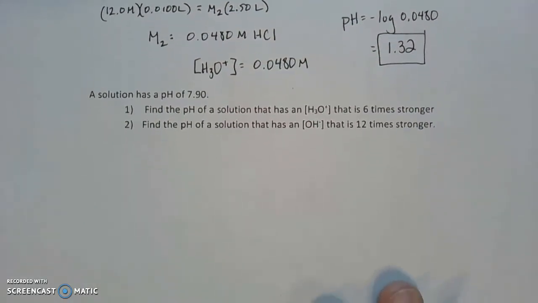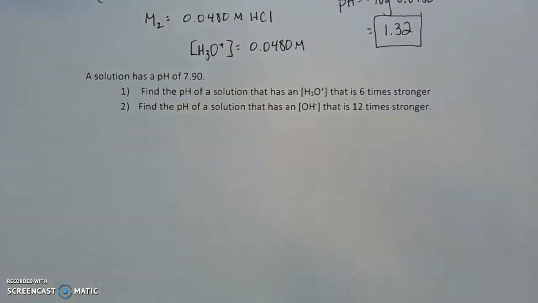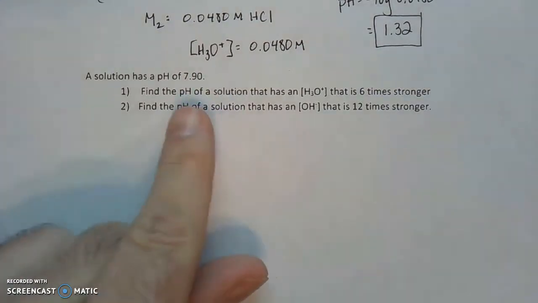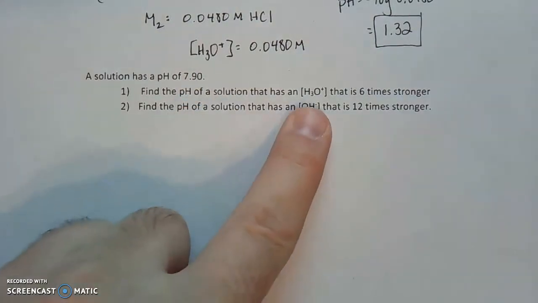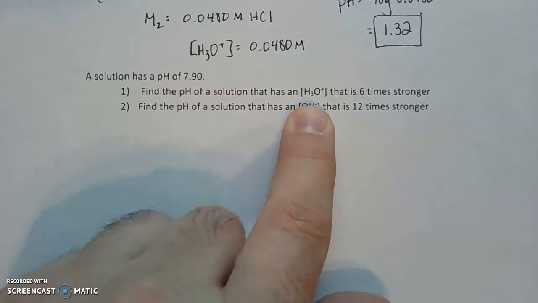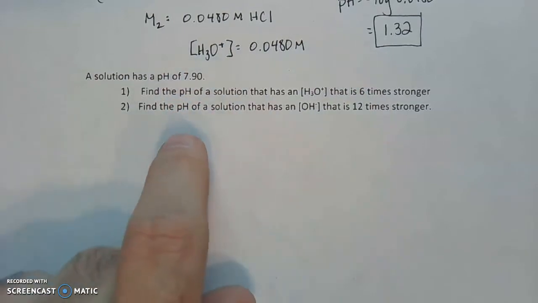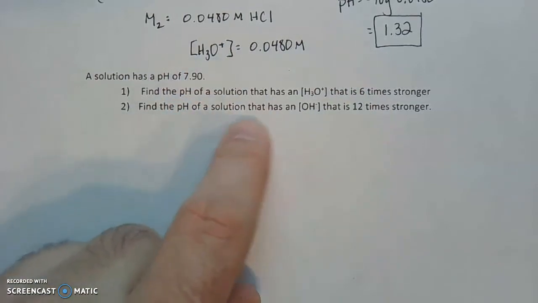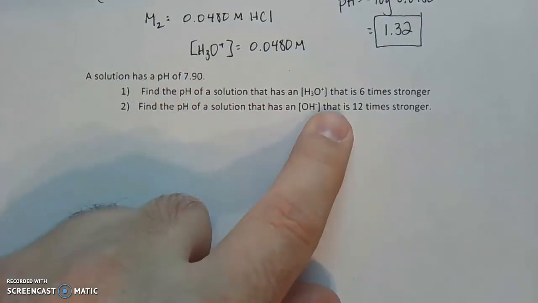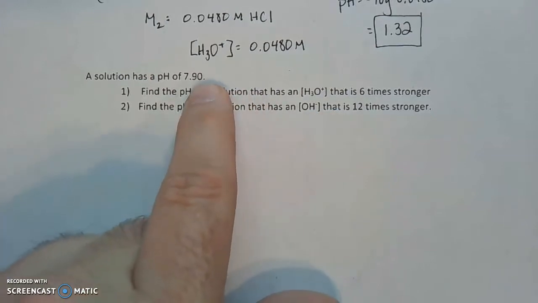And now our last example problem. We are told that a solution has a pH of 7.90. We want to find the pH of a solution that has an H3O plus concentration that's 6 times stronger, and then find a pH of a solution that has an OH minus that is 12 times stronger than this solution.